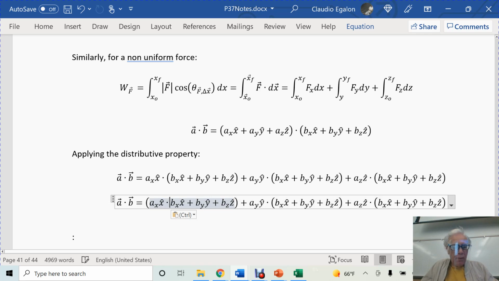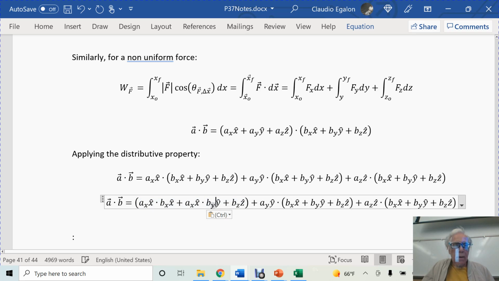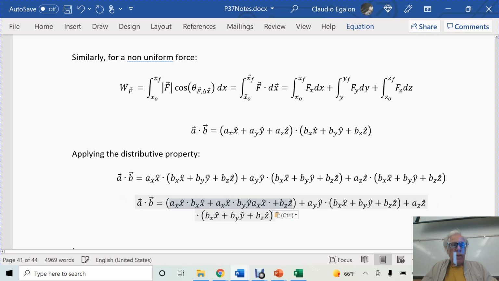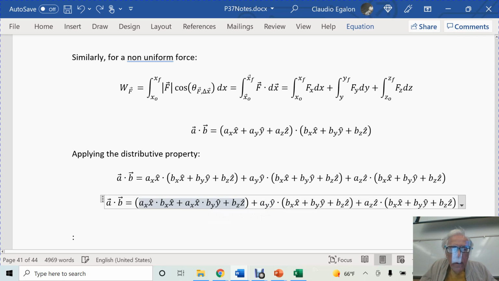Distribute here. Distribute here. Distribute here. And we do the same for the others.